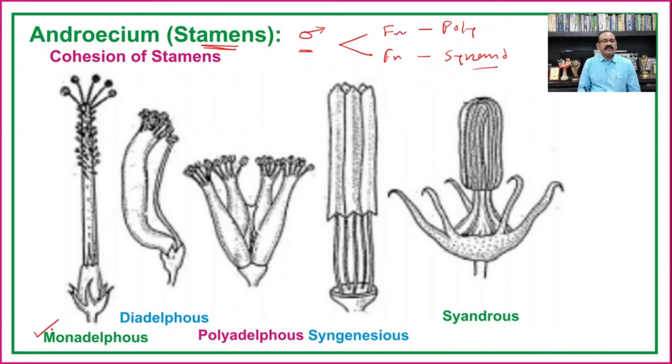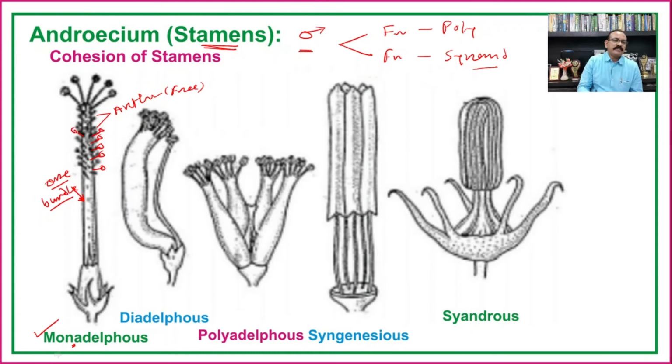The first one is the monadelphous condition. Mono means one, adelphous means fusion. Here the filaments of all the stamens fuse together to form one bundle, and the anthers present on it are free.